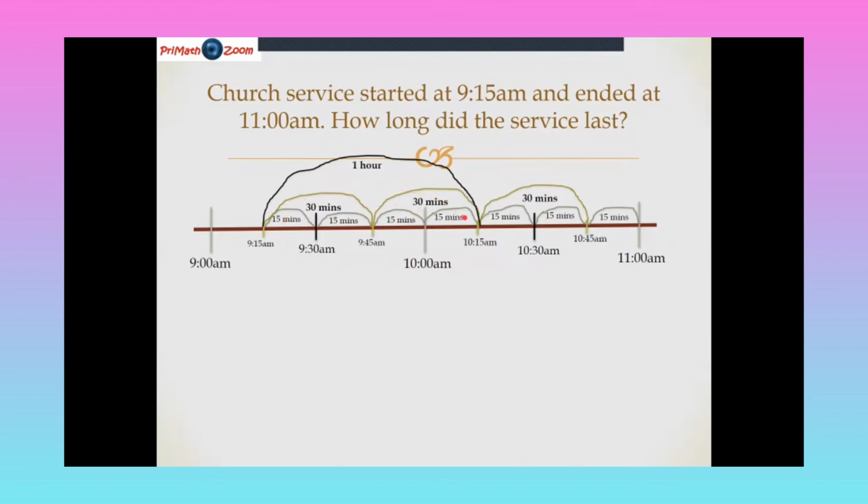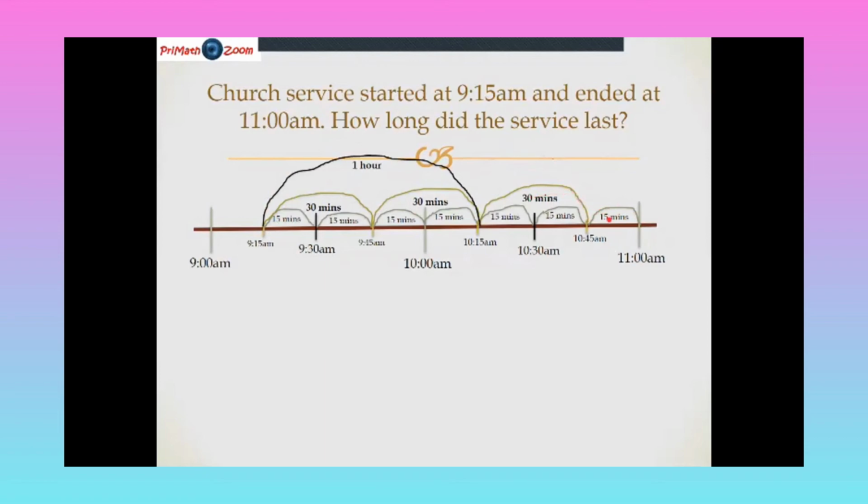So we can look at this to say now from 9:15 a.m. to 10:15 a.m. is 1 hour. From 10:15 a.m. to 10:45 a.m. is 30 minutes. So here we have 1 hour, 30 minutes. And then we have 15 more minutes. So since we have 30 minutes and 15 minutes, we can add those two.